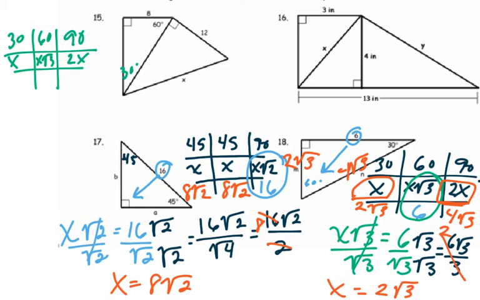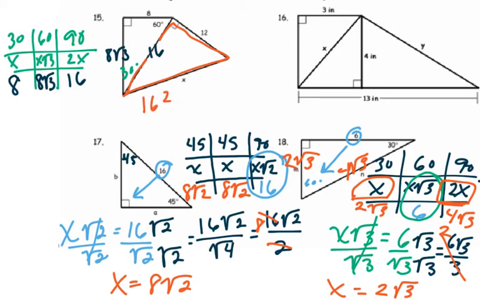The side across from the 30 is an 8, which means the side across from the 60 is 8 root 3. The side across from the 90 is 16. So now I can solve for x because I have two sides of a right triangle.